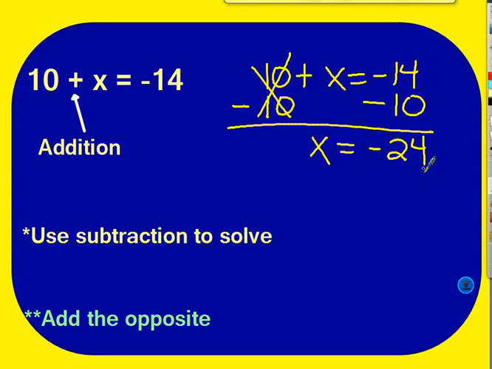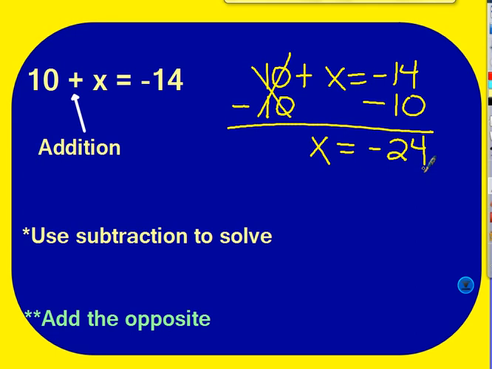For this example, notice I subtracted 10 from both sides. When subtracting a number from a negative, you will get an answer of a bigger negative. My solution came out to be x equals -24.